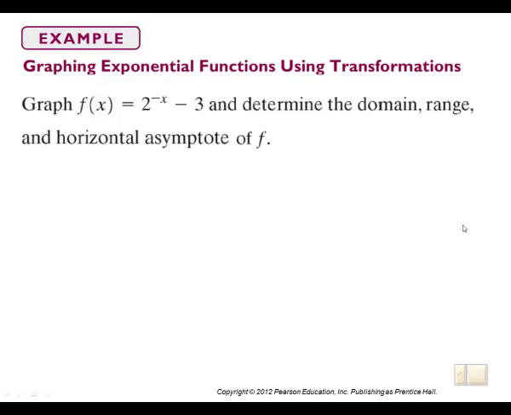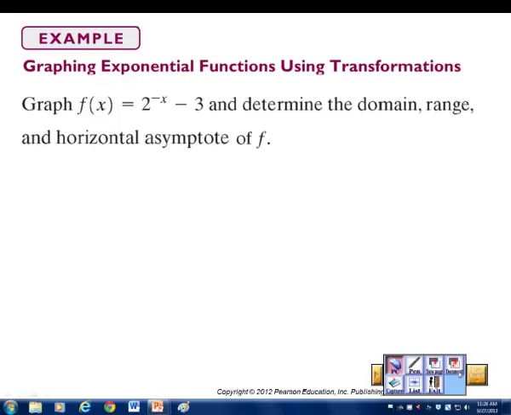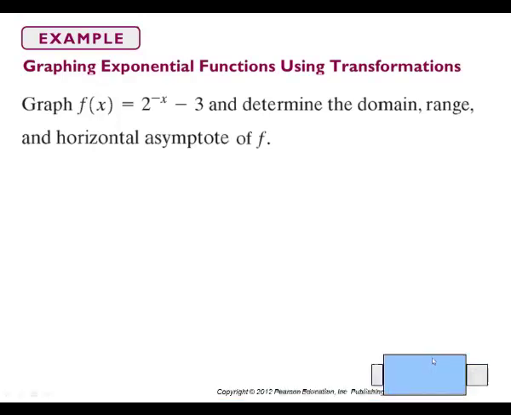Okay, here we have a graph. And just like with transformations of any function, the same thing happens here. You're going to get transformations that occur the same way.